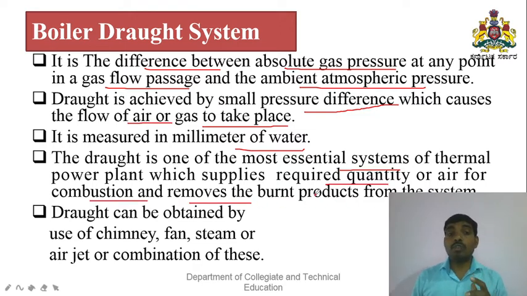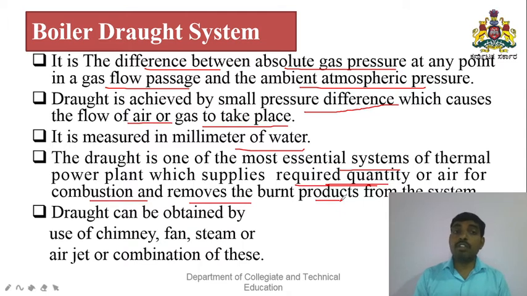If we are using a huge amount of air for combustion in the furnace, then after combustion the flue gas will be liberated, and that flue gas should go out of the boiler, or else there may be a possibility of explosion. For that reason we require a draught system.